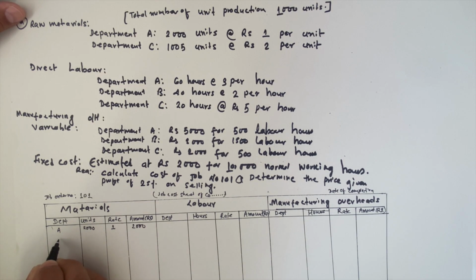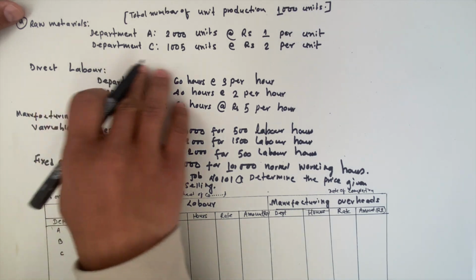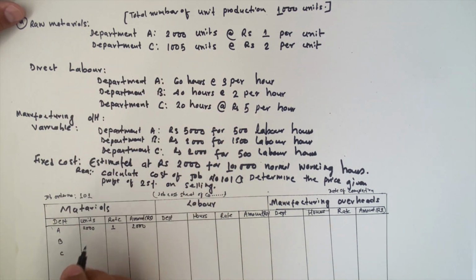And department B, for the material there is no department B, so let's have a look at department C. So department C is 1005 units, rate per unit is 2. So simply multiply these two, we get 2010.